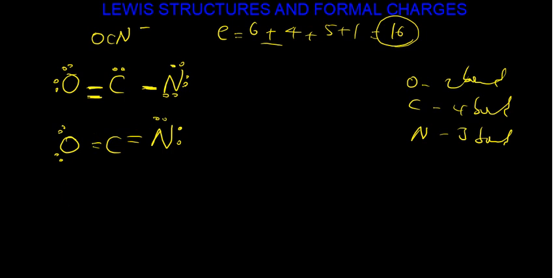And then we can have another Lewis structure. We know nitrogen can form even 3 bonds. Carbon can form 4, so there can be 3 bonds here. So this one is going to have 2 more electrons like that. Carbon in this case, as we can see, is going to have more than the required number of electrons.